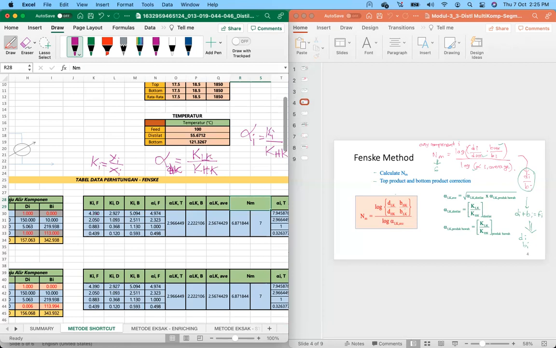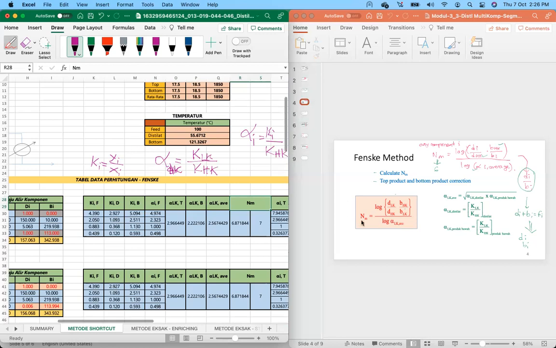The least volatile a component is, the K value should be less than 1. With K less than 1, there would be more X than Y, so Y is small, and it would be better in the liquid phase. But if you have a very high K, that means your Y would be much higher than the X, so that would be more volatile.